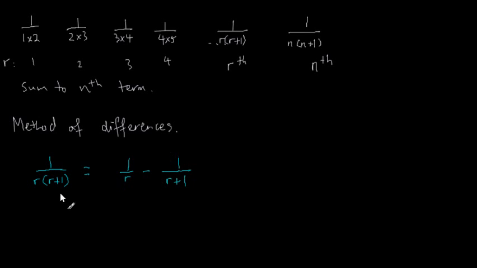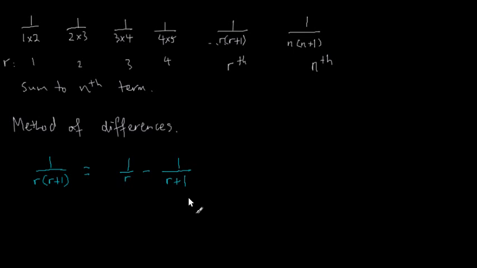We can show by algebra that they're actually equal. Okay, so the next step in this method of differences is to show that each term can be expressed in this form. For this particular sequence, of course, this is going to be different for different sequences. So let's think about why this is true.